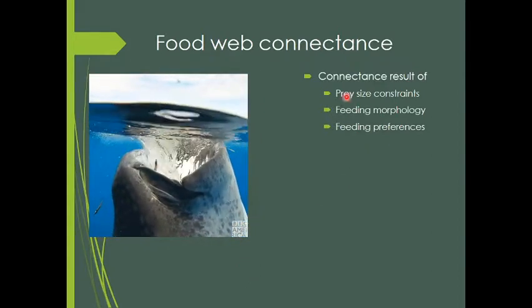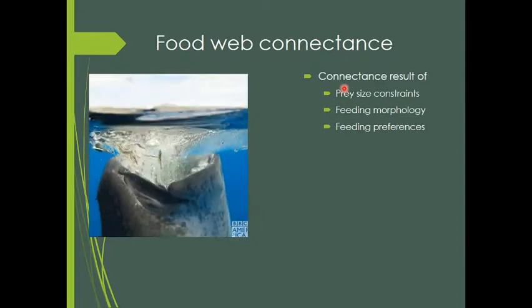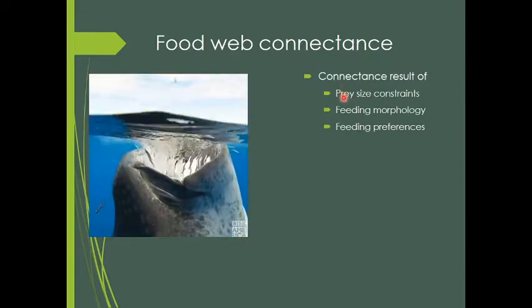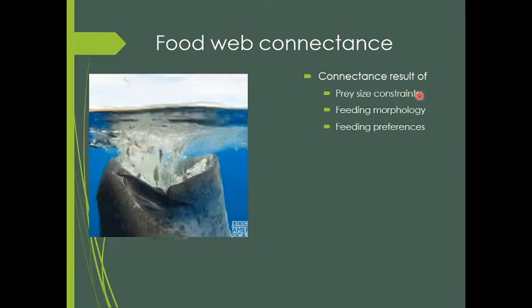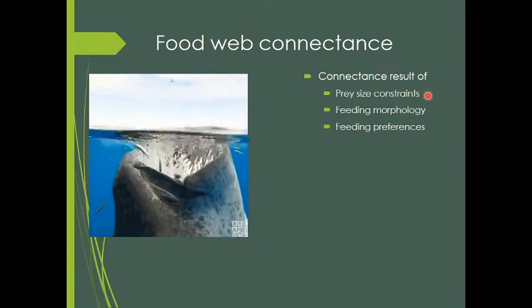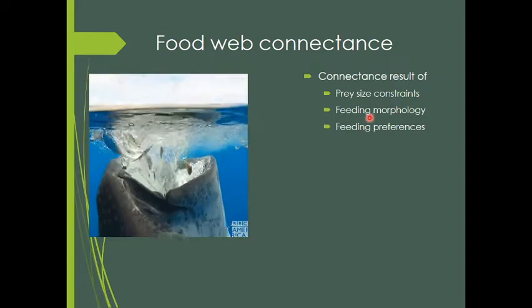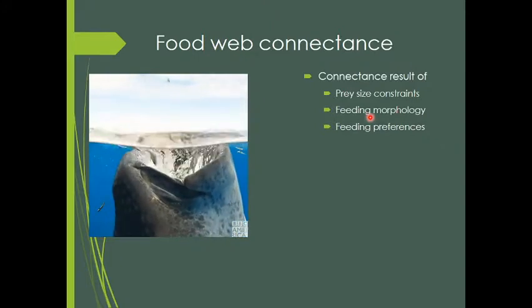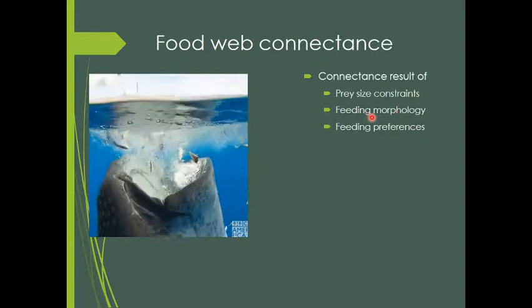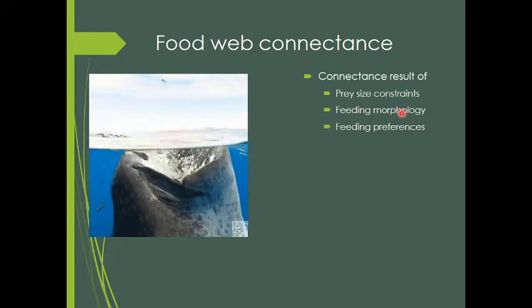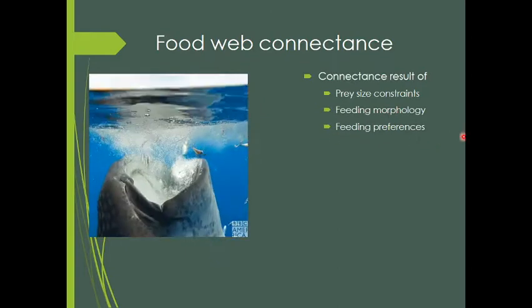So what we see is that varying levels of connectance have to do with prey size constraints. Basically, how big is your mouth, and what type of mouth do you have, and which can eat different things. And then there might just be feeding preferences of different organisms.